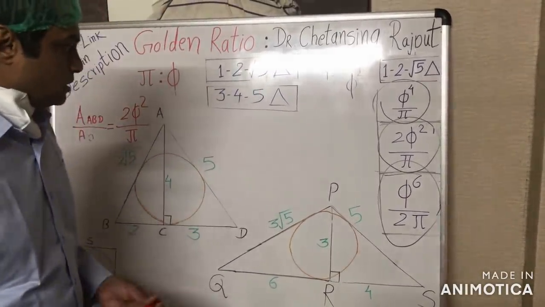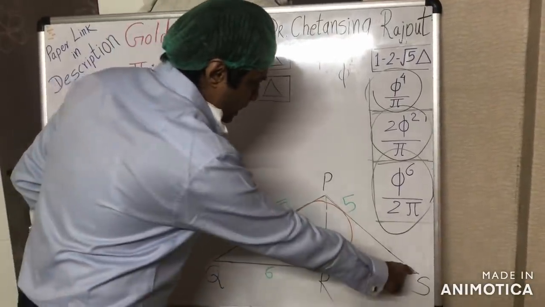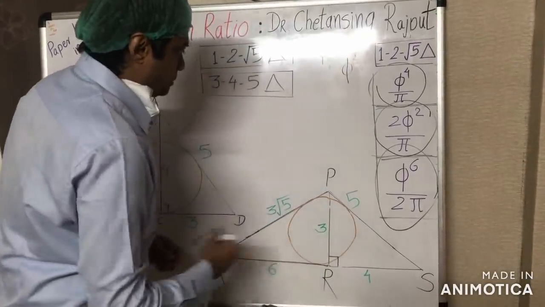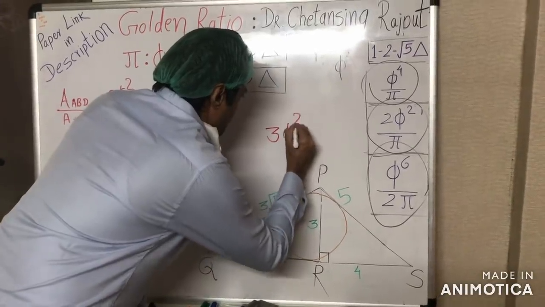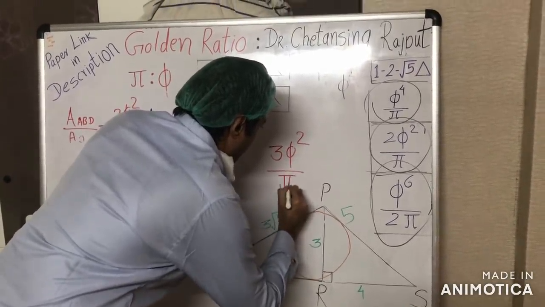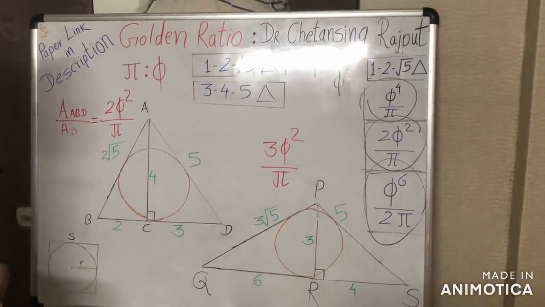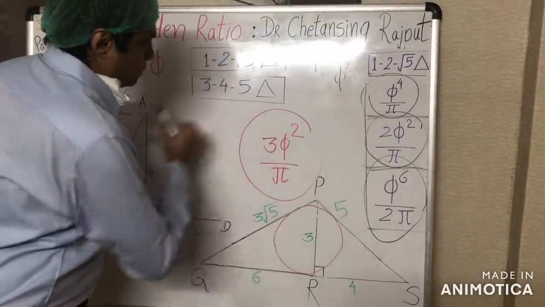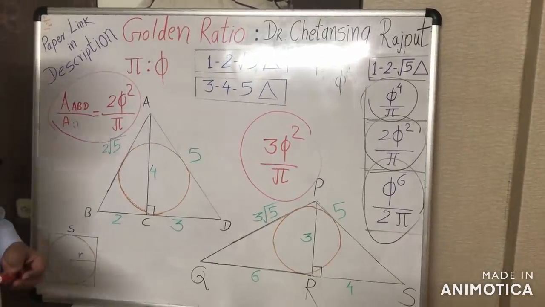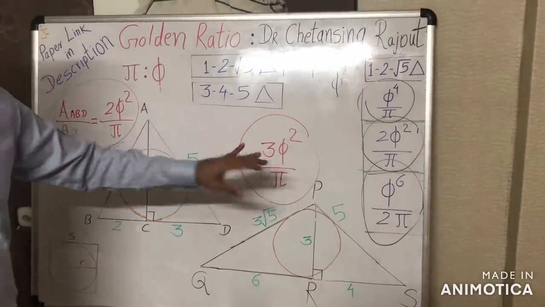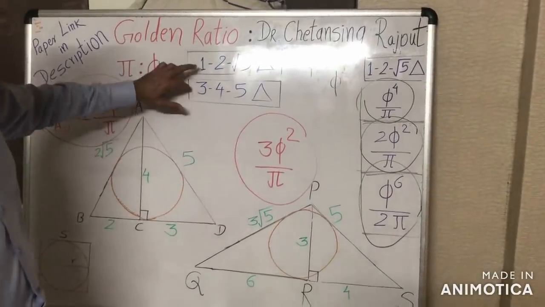Here in this case, the precise ratio observed between the area of the combined triangle PQS and the area of its incircle is like this: 3 phi square upon pi. The similar precise pi-phi correlations with common smaller catheti and common longer catheti are the paramount validation of the classical geometric relationship between these two triangles.